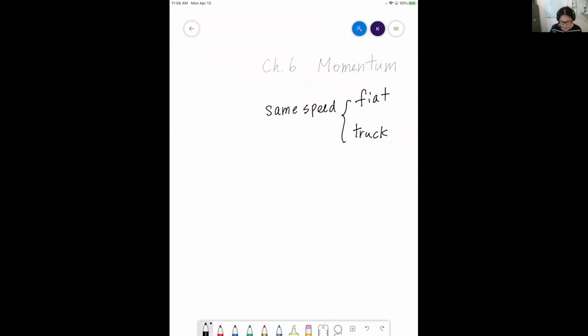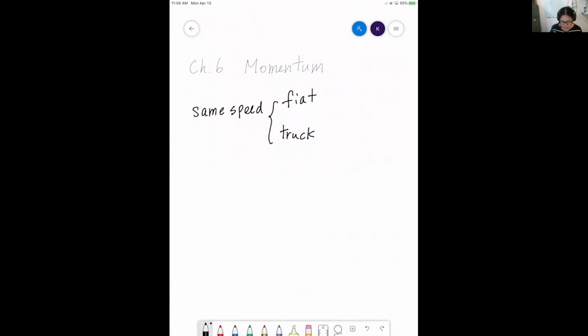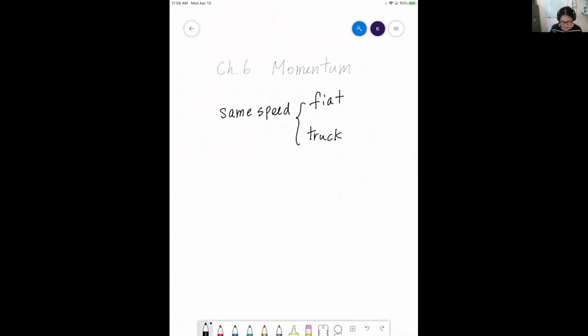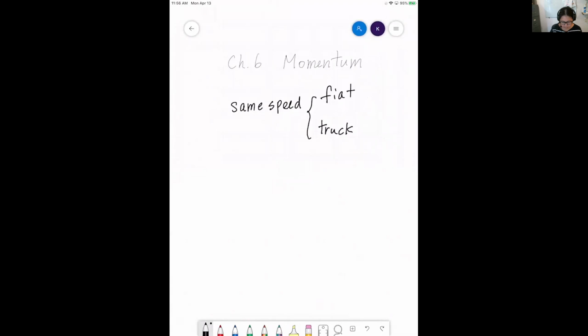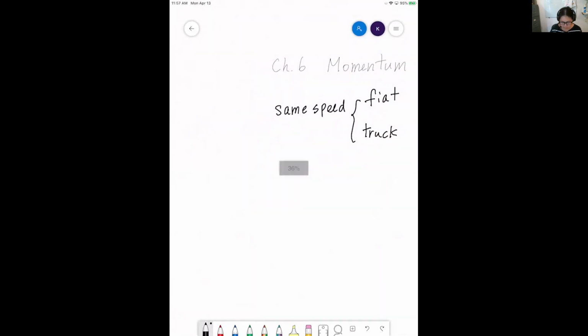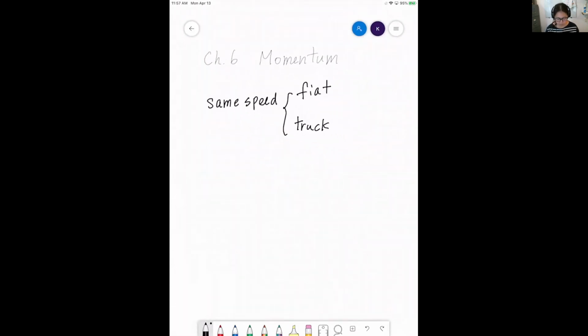Or instead of that, the same mass. Let's just write it underneath: same mass.